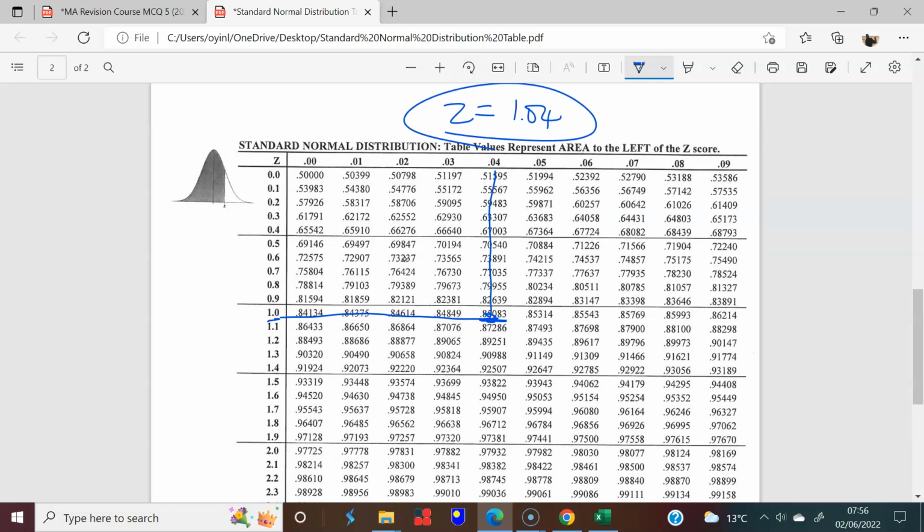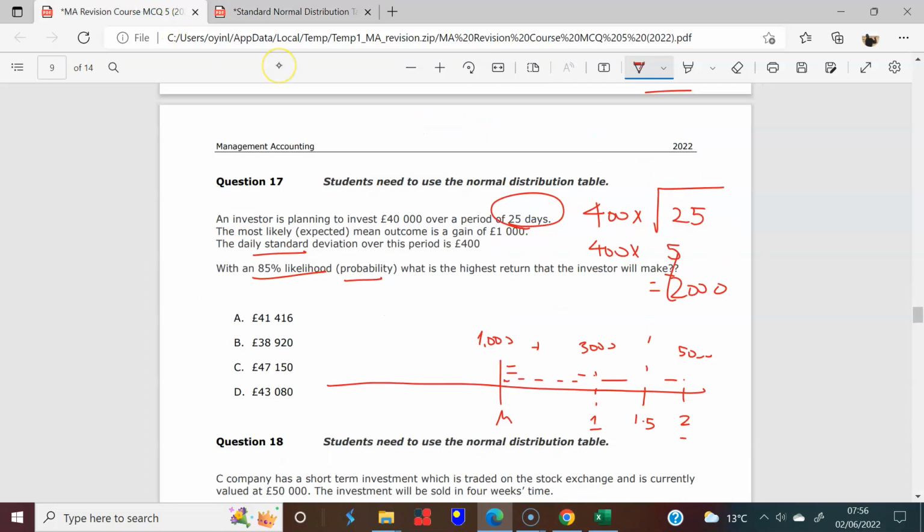Well, now that I know my z-score, I simply come back here. And I know that the mean is 1,000 here, and between here and here is 2,000. So think of it like this: every z-score, like a z-score of 1, is worth 2,000 pounds, because when I go from z-score 1, the movement is 2,000 pounds.